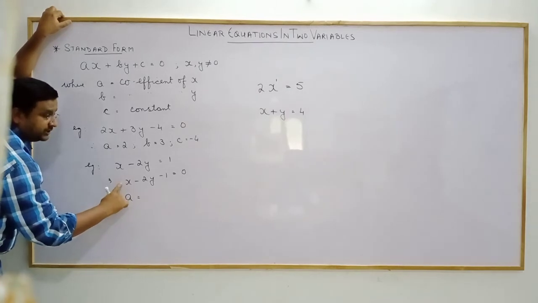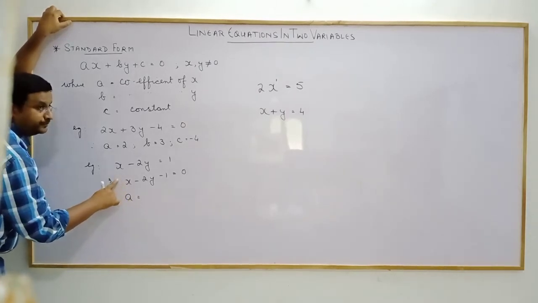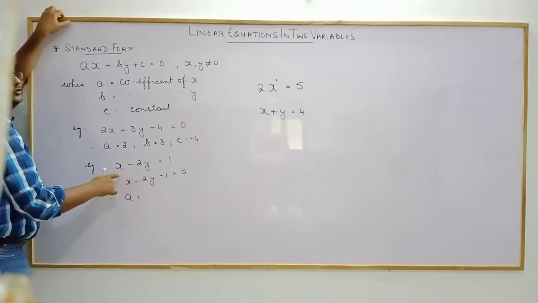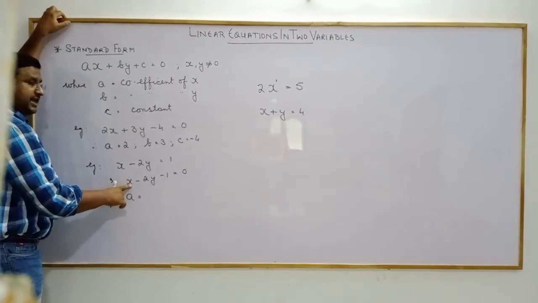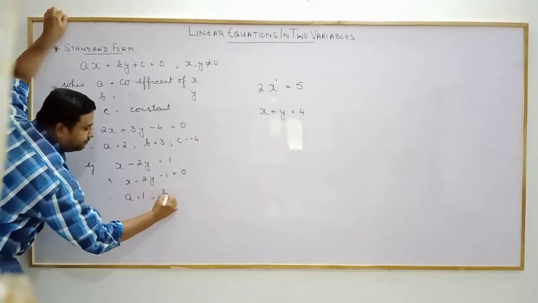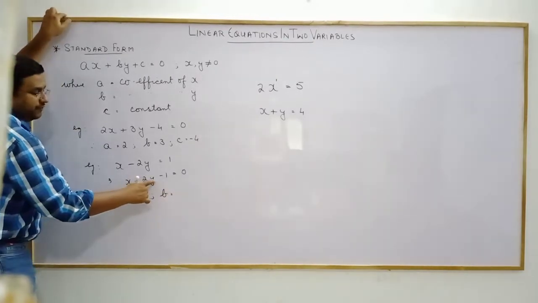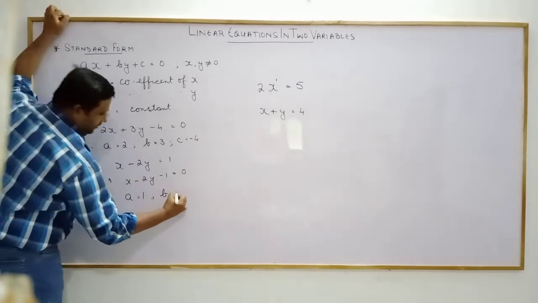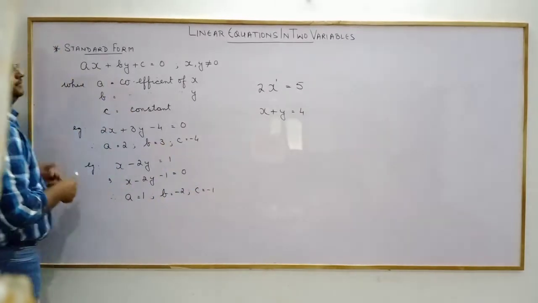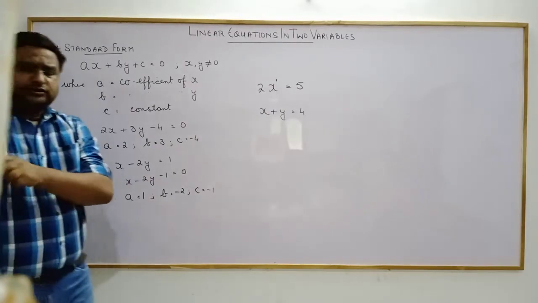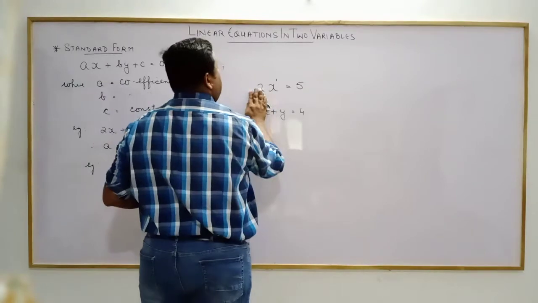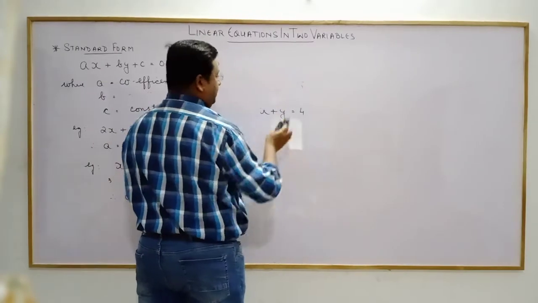No coefficient is there. Does it mean 0? No. 0 multiplied by x will become what? 0. So when there is no coefficient, it is what? 1. b, coefficient of y. What is the coefficient of y? Minus 2. And c, minus 1. Clear? So this is what we mean by a linear equation in two variables.